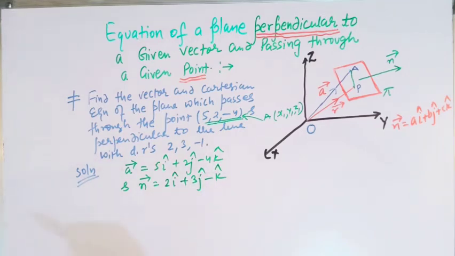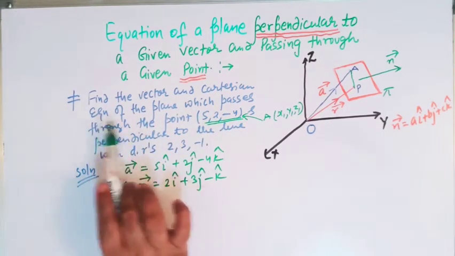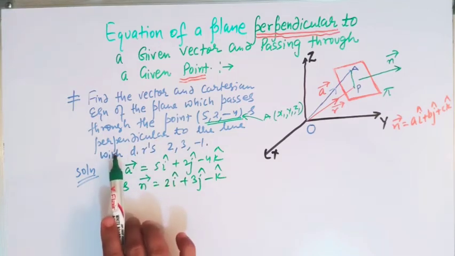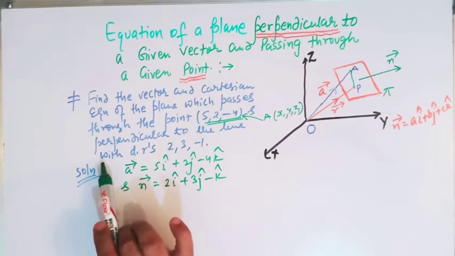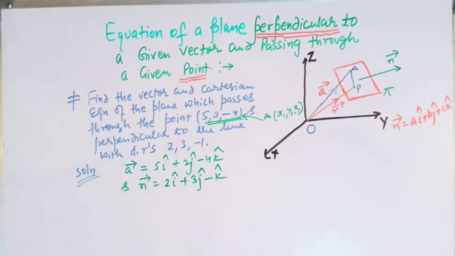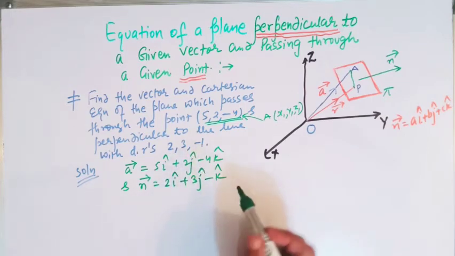So here we are given the point A and the normal vector. Here the plane is perpendicular to the line, so the direction ratios of the normal are also 2, 3 and minus 1, right?